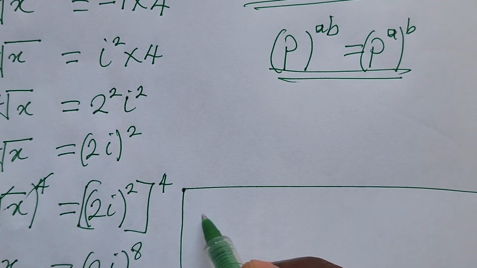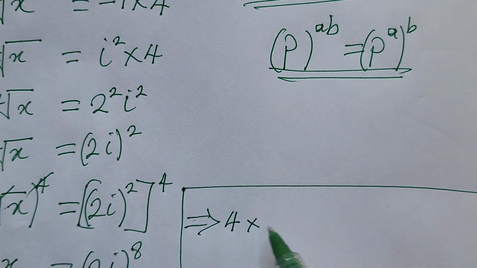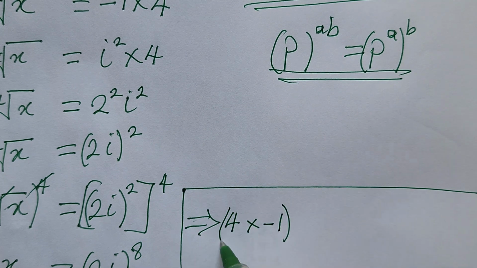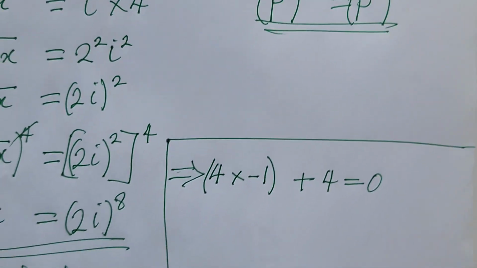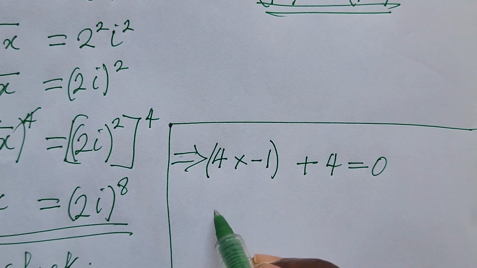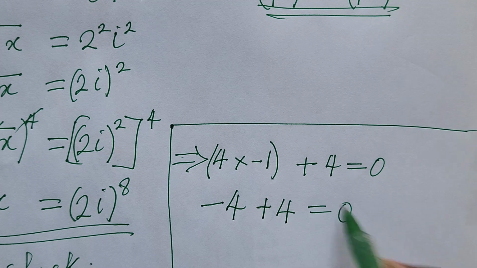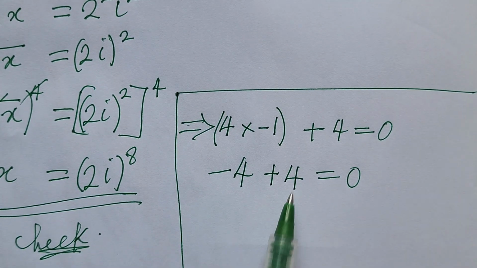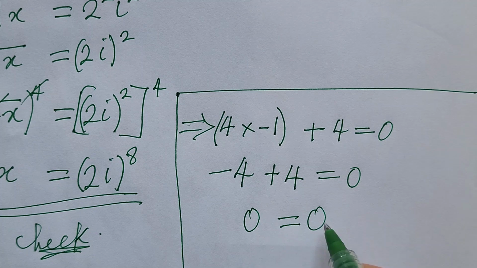So this implies 4 times minus 1, in brackets, plus 4 is equal to 0. 4 times minus 1 gives us minus 4, plus 4 is equal to 0. Minus 4 plus 4 gives us 0. So we have 0 equal to 0.